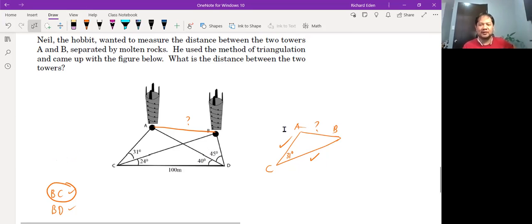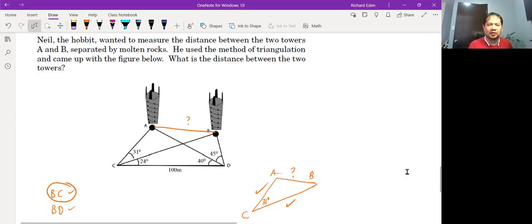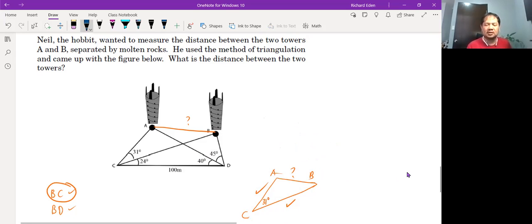So we want to find, first, BC. So I guess you're thinking of, okay, in triangle, to find BC, what triangle? Triangle BCD.